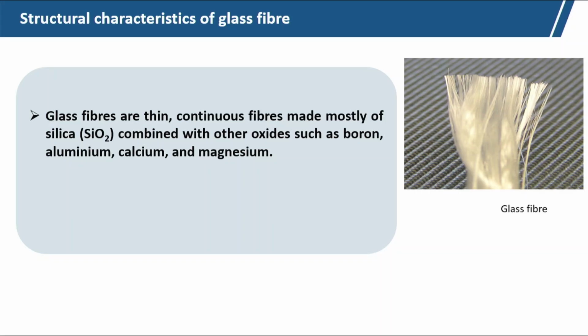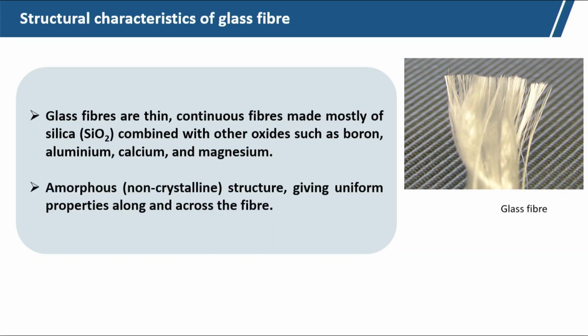So, basically it is silica, but it is combined with other oxides. So, it is amorphous in nature, which is non crystalline, structurally giving uniform properties along and across the fiber. So, that is the nature here.